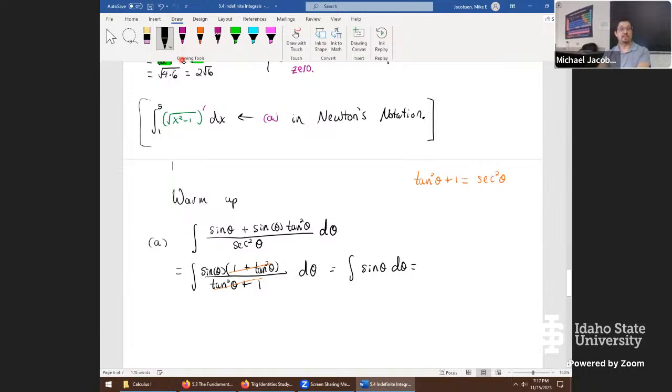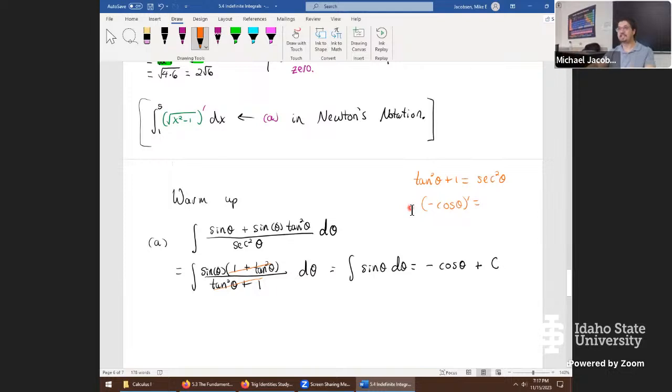And with whatever we put down, it's a good idea to mentally pause our answers right here and check if it really works out. The antiderivative of sine ought to be negative cosine theta. I'll put in the constant here before checking it so that I don't forget that there has to be a constant. But then let's take a look. If you put in a negative cosine theta, mentally differentiate it.